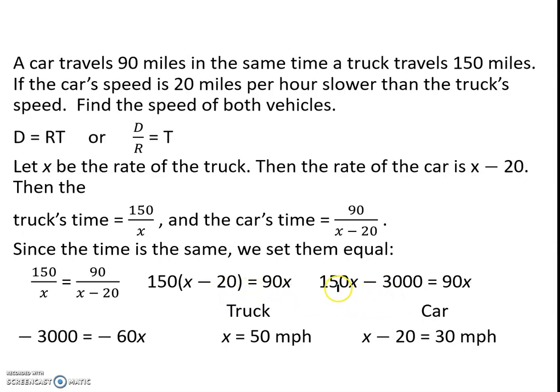We take the 150x over to the other side by subtracting 150x, and we're left with a negative 3,000 equaling a negative 60x. We divide both sides of that equation by a negative 60, and we find that the truck speed is 50, and we know it's miles per hour. And the car, of course, we set that as x minus 20, which would be 50 minus 20, or 30 miles per hour.